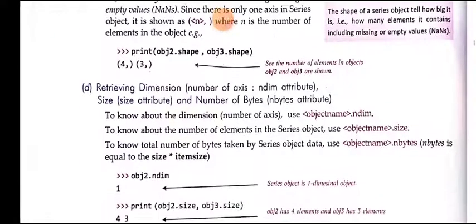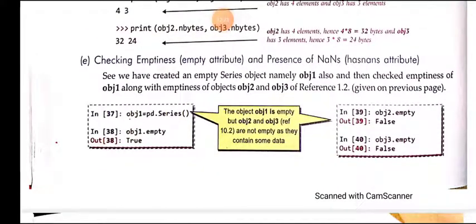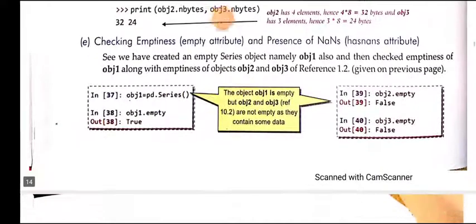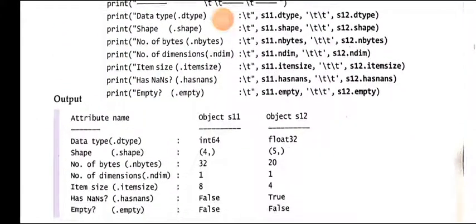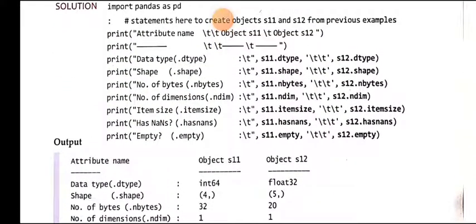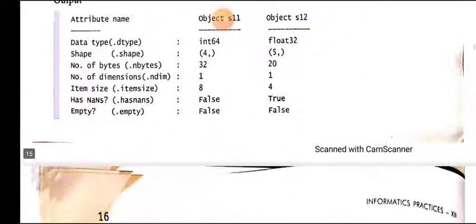If you want to get dimensions, you need to write ndim. If you want to check whether it is empty or has NaNs, you can write .empty or .hasnans. In this manner you can use all of these attributes which I have explained. You can also see it in this example too.